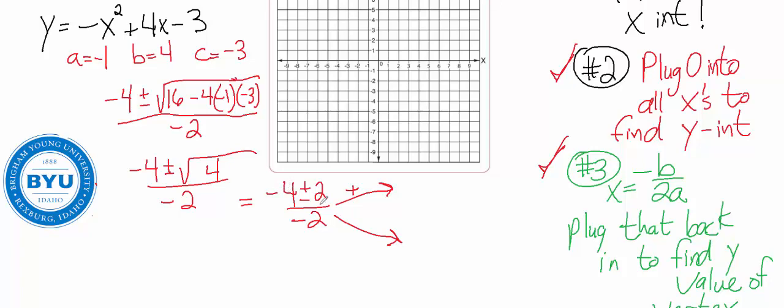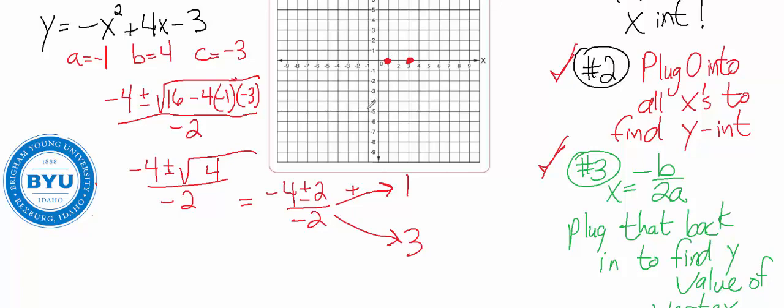Negative 4 plus 2 is negative 2, and then divided by negative 2 is positive 1. Okay, and then negative 4 minus 2 is negative 6, and divide that by negative 2, that comes out to be positive 3. So I've got two x-intercepts, one here at 1 and one here at 3.